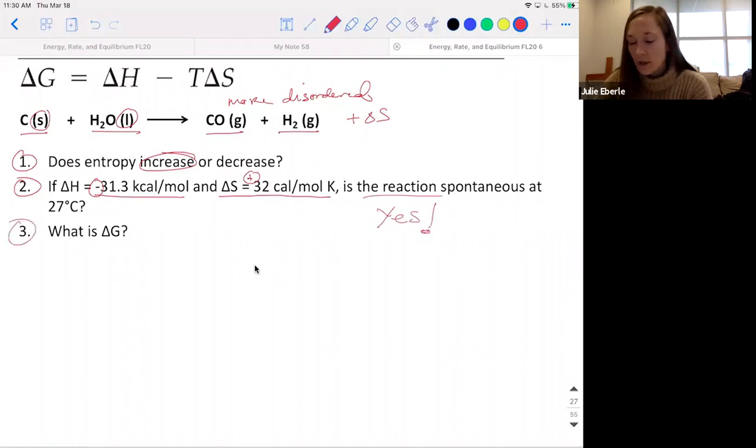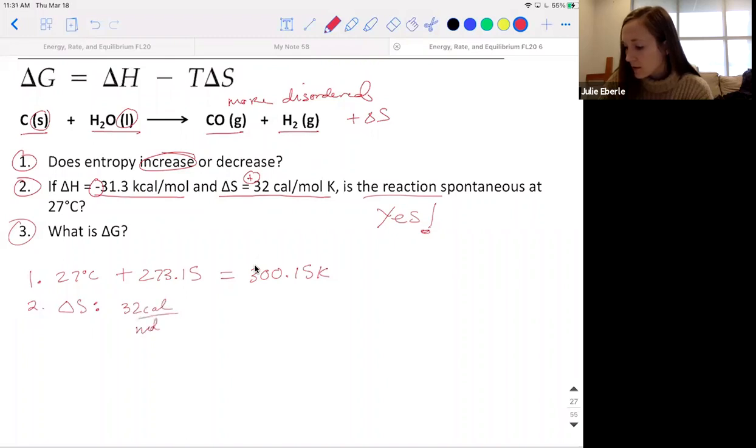And then question 3 gets us, of course, what is delta G? So now we're going to plug it in and calculate. So again, remember your 2 steps. Number 1, let's convert temperature to Kelvin. 27 degrees Celsius plus 273.15, 300.15 Kelvin. Also, remember to convert delta S. It's 32 calories per mole Kelvin.